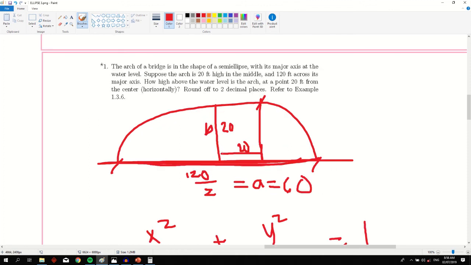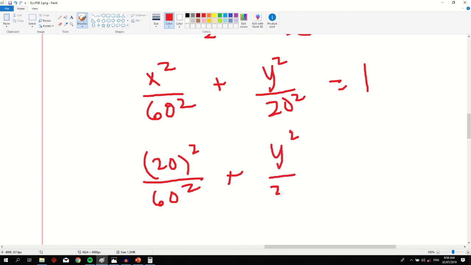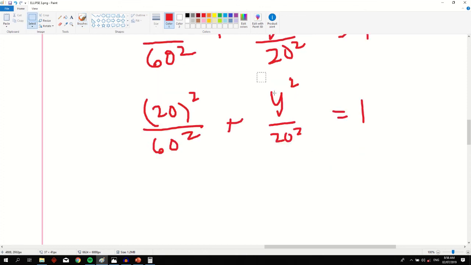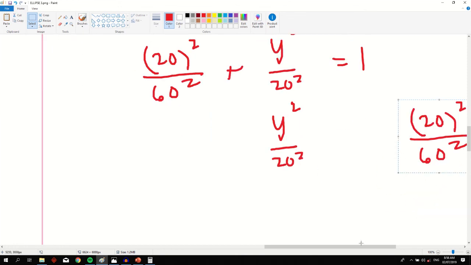Then if x is equals to 20, just like here, so we'll put 20 square over 60 square plus y square over 20 square equals to 1. So here we'll have this one, then we will transpose this here to here, right?